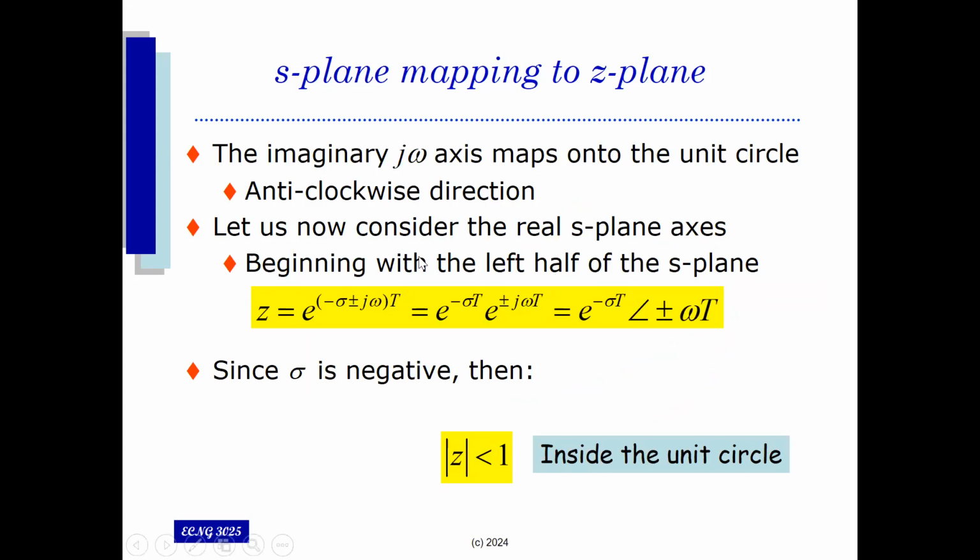And now, if we consider putting some value to sigma, if we begin on the left half of the S-plane, so we now have sigma is minus. So minus sigma plus j omega T. So this is e to the minus sigma T multiplied by e to the plus or minus j omega T. We already know that this part is the unit circle here.